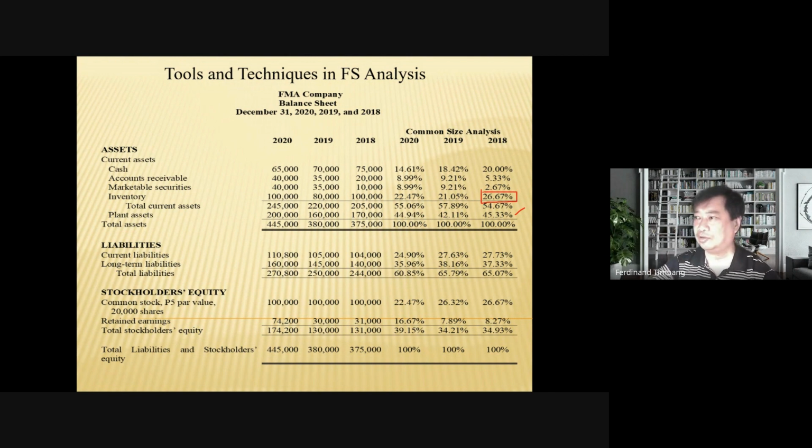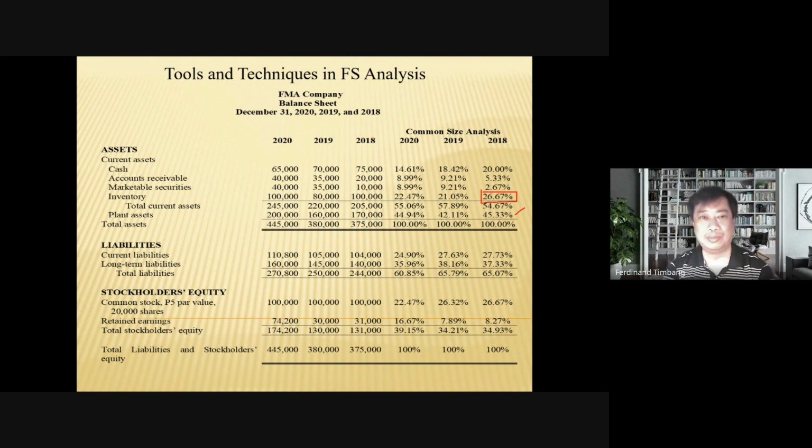Bakit kaya 26.67%? Malaki ba ang sales natin para mag-hold tayo ng malaking inventory? Ngayon kung hindi malaki, bakit tayo nag-hold ng inventory? So tingnan natin yung inventory, tignan natin lahat ba ng inventory nito is saleable or not. Kung saleable yan, okay lang.